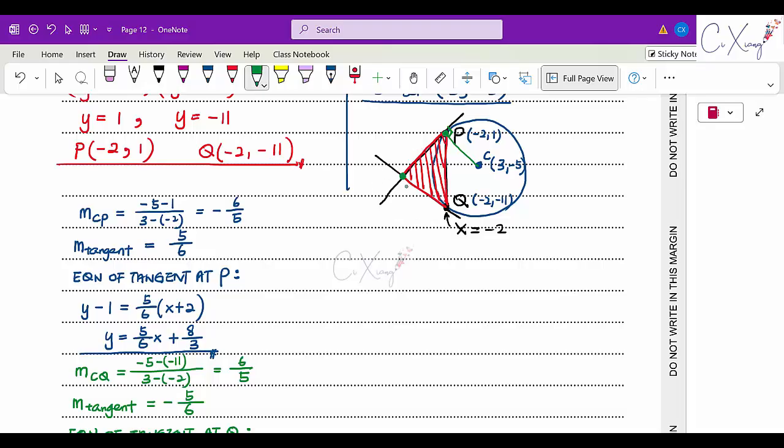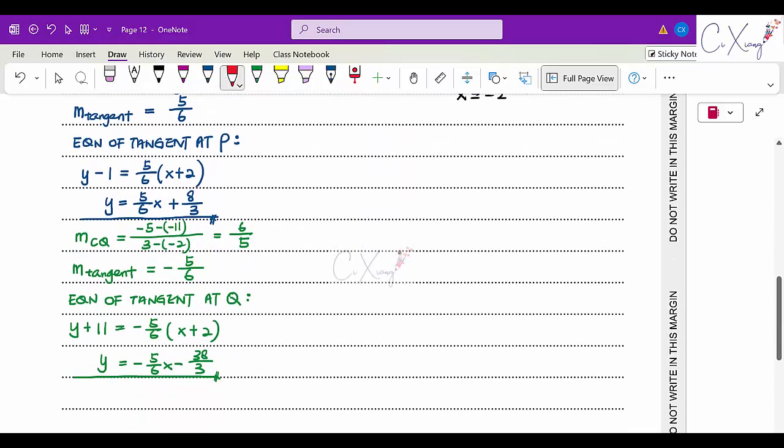I want to find out the intersection point between the tangents. I solve equation number 1 and equation number 2 together to get the intersection point.